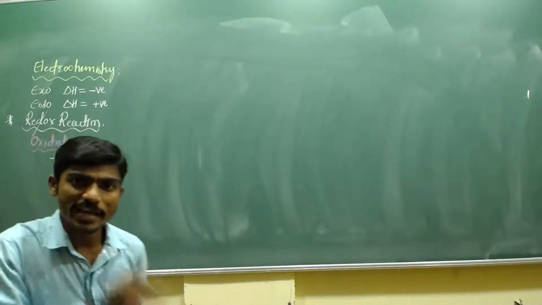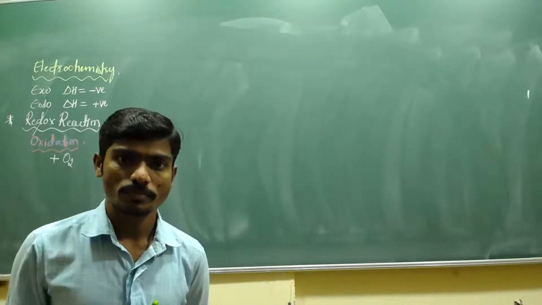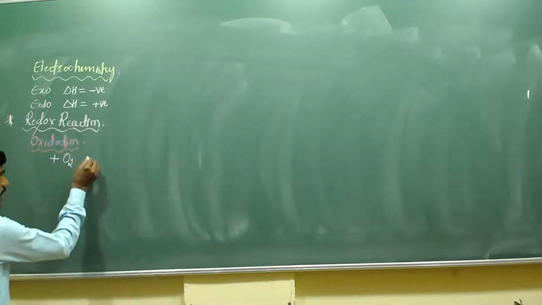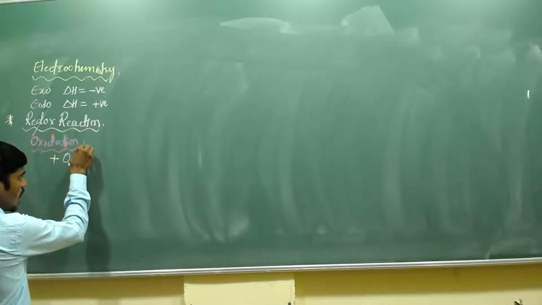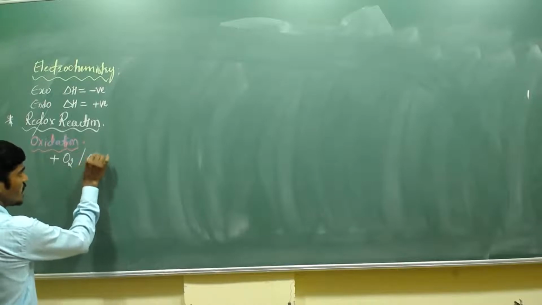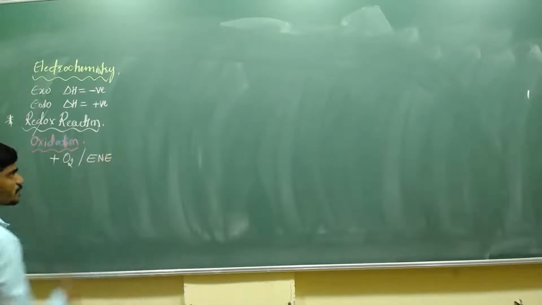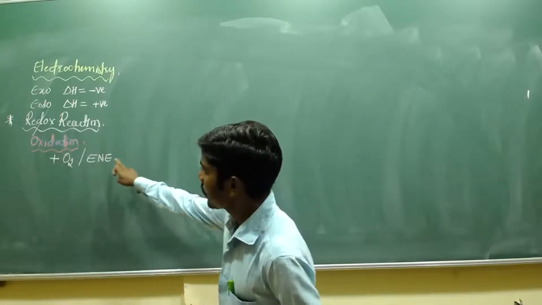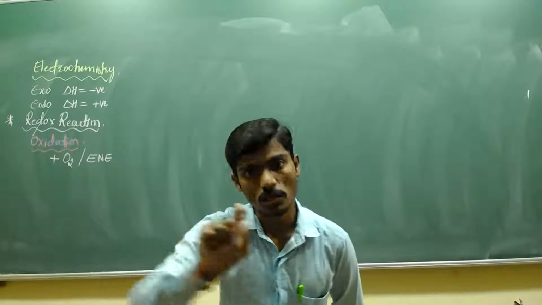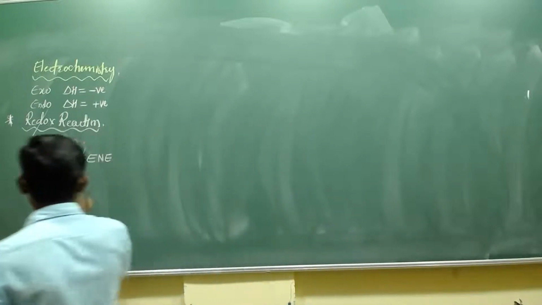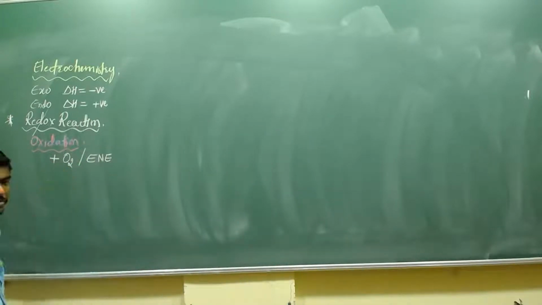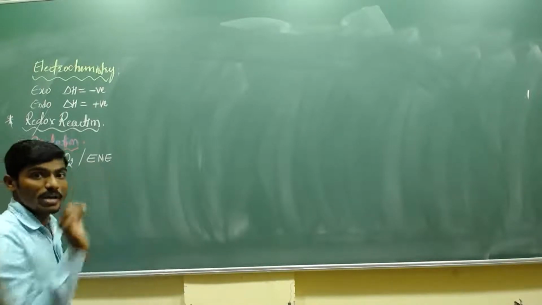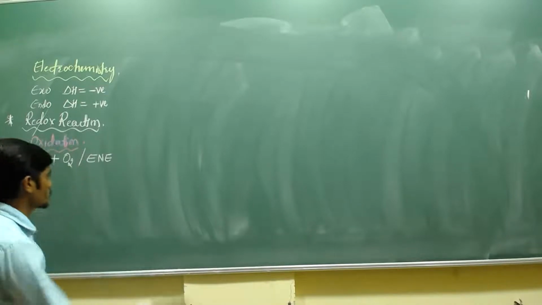Oxygen is an electronegative element. So I can say addition of oxygen, or addition of any electronegative element, is also called oxidation. So here are two definitions. First, addition of oxygen is called oxidation. Addition of an electronegative element is also called oxidation.